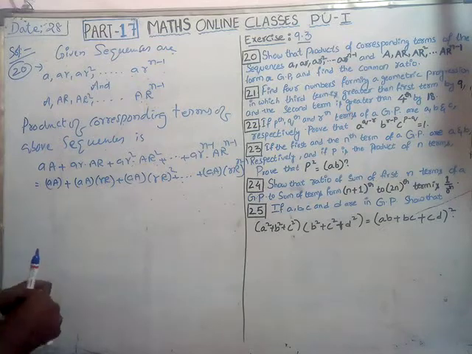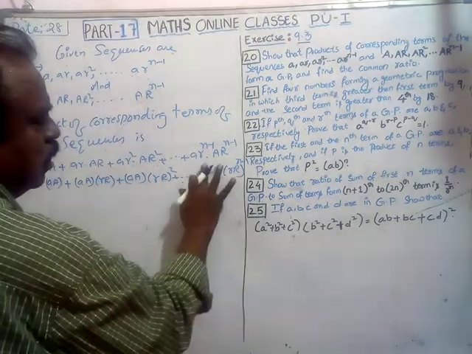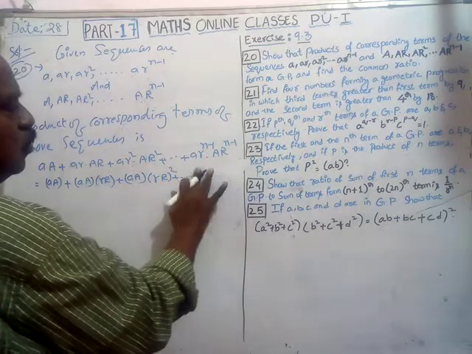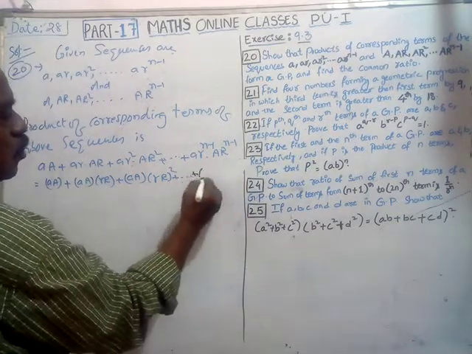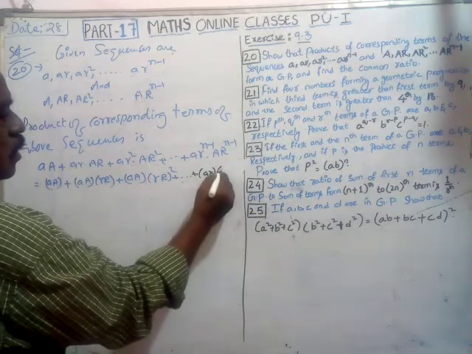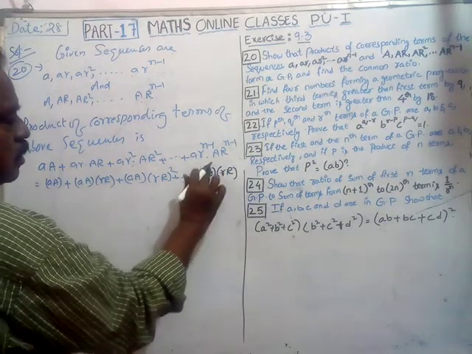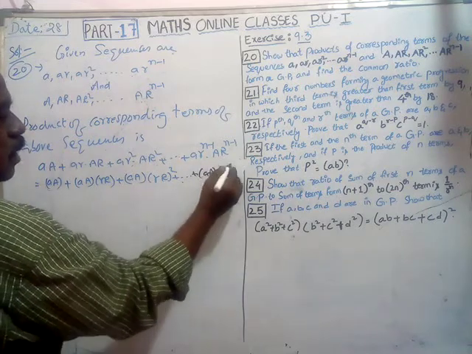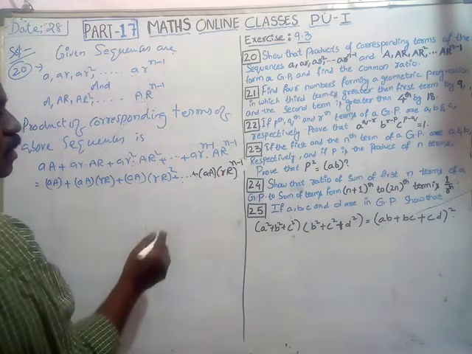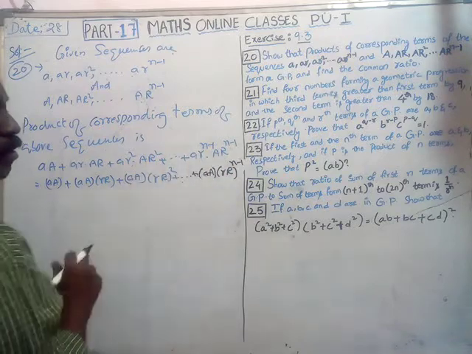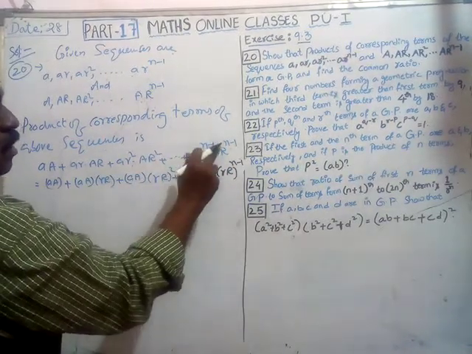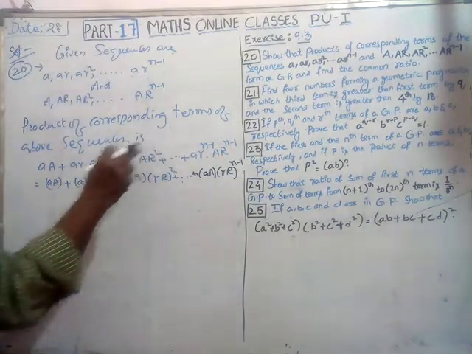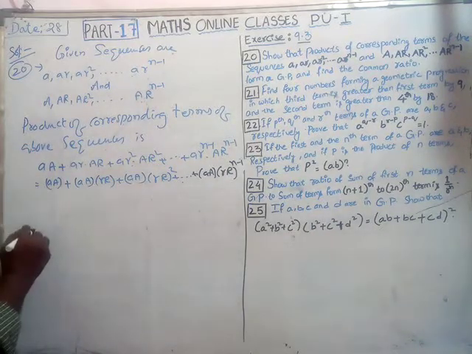You don't get confused. This term I will write in some other ink. You see, it is A capital A here, R capital R power n minus 1, because A capital A is at one place and R capital R has the same in it, so here also square, cube, power 4, like that.